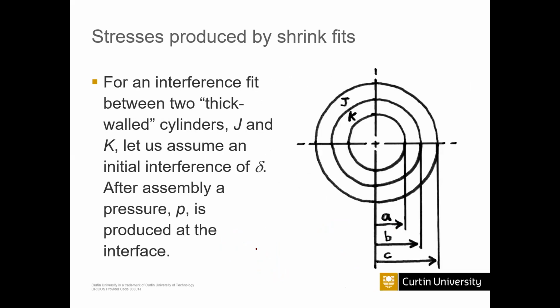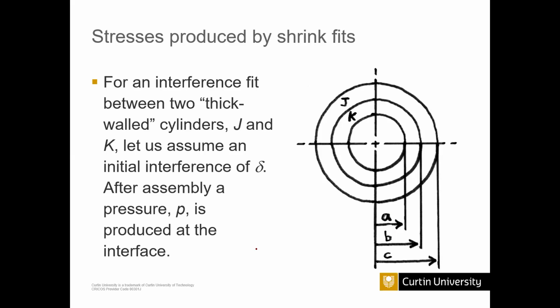As I told you, there are two cylinders, J and K, and initially we will consider that those two cylinders are made of two different materials. That means the two materials have different elastic modulus and different Poisson's ratio.